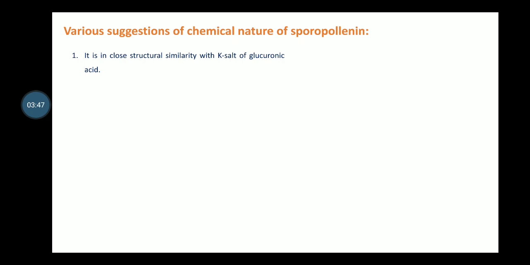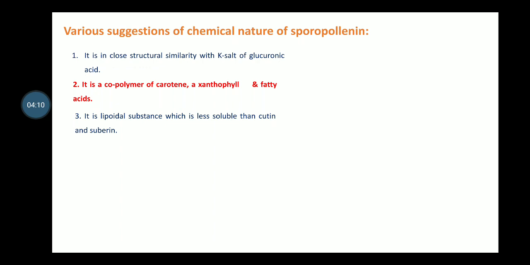One group said it has a close structural similarity with the potassium salt of glucuronic acid, while another group said that it is a copolymer of carotene, xanthophyll and fatty acid, while the third view is that it is a lipoidal substance which is less soluble than cutin and suberin, and the fourth view is that it appears to be composed of an aliphatic polymer containing aromatic and conjugated side chains.